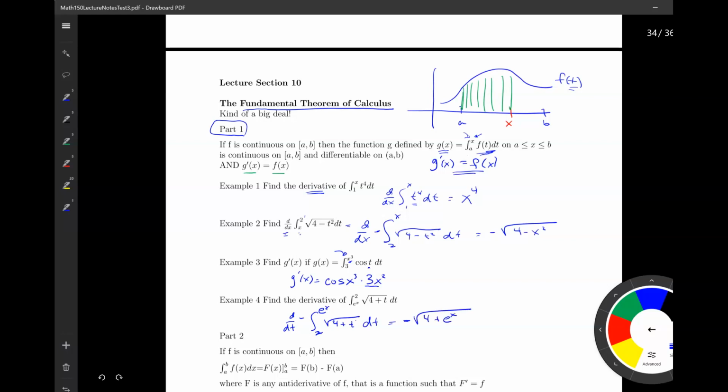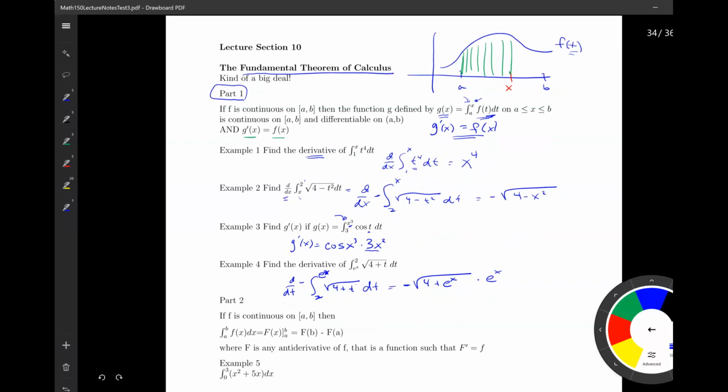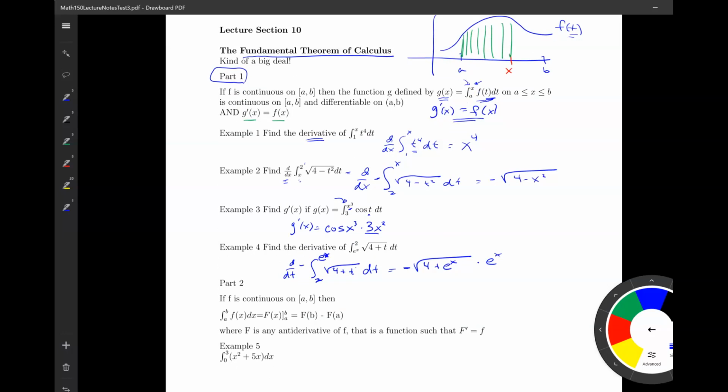Put the e to the x in for the t. Then I'm going to multiply by the derivative of the function I carried along, which is e to the x. A little bit of chain rule. So that's part one. This is rarely used. Okay, this is rare. This part two, we will use all the time. So make sure you really, really know this one.